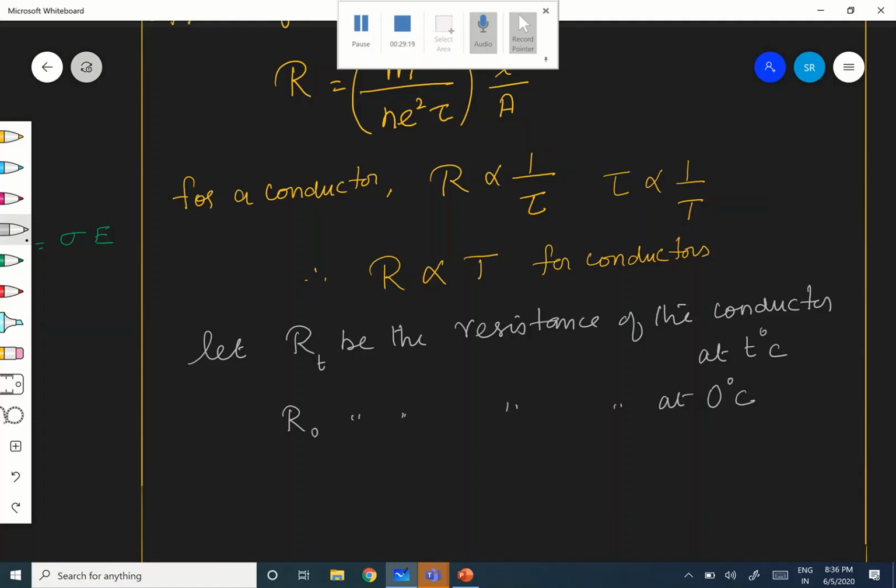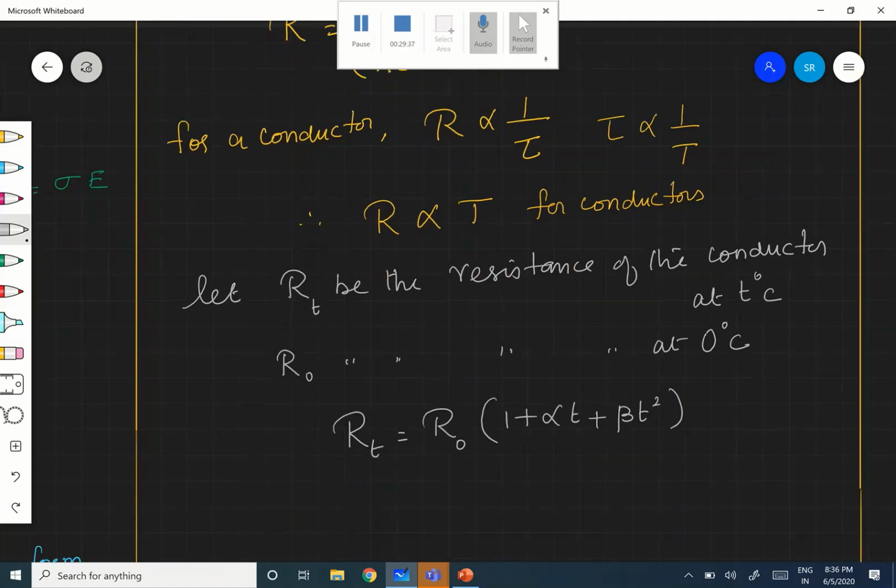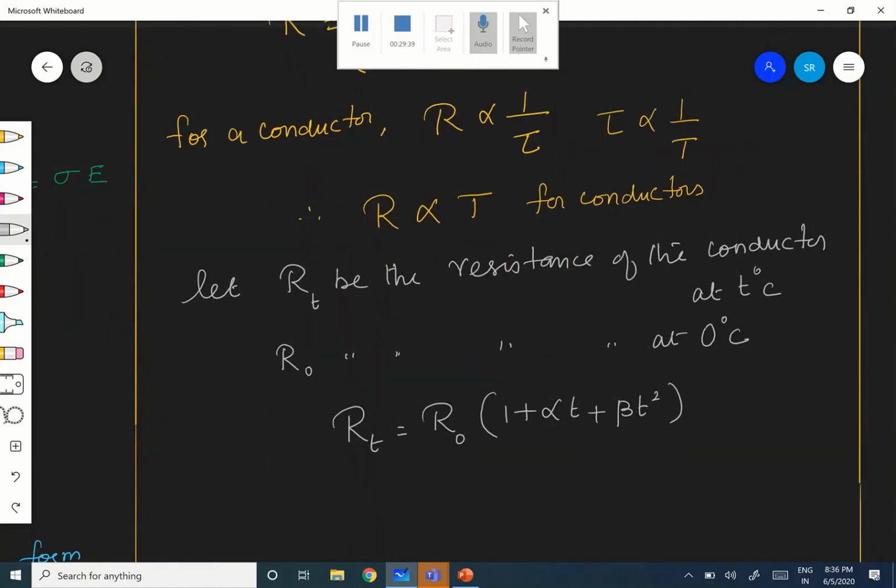R_T and R_0 are related. So, R_T is equal to R_0 into (1 plus alpha T plus beta T squared), where alpha and beta are constants.